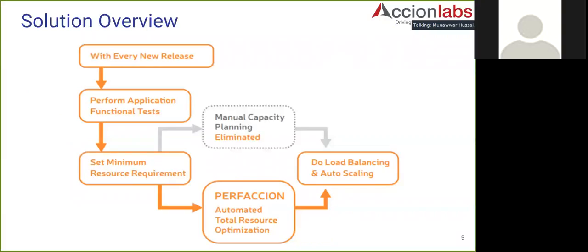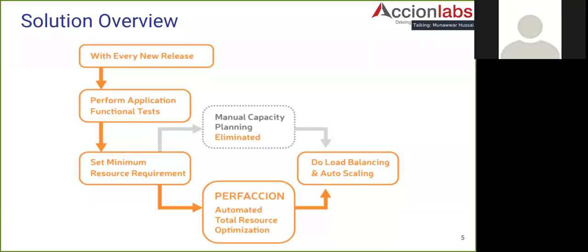So what is the solution overview? Traditionally, once your sprint is done and you have functionally tested code which is working fine, you used to manually test that, write scripts, and try to generate artificial load to see the behavior of your web application in various scenarios.